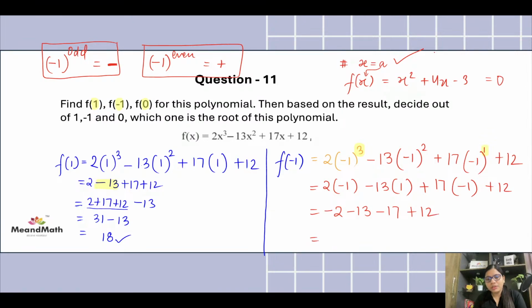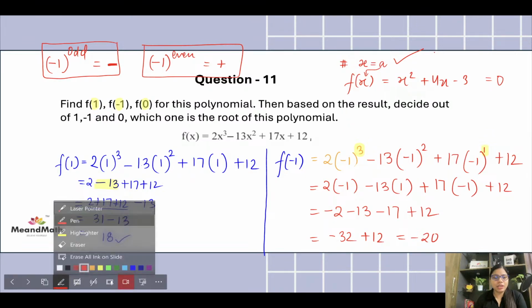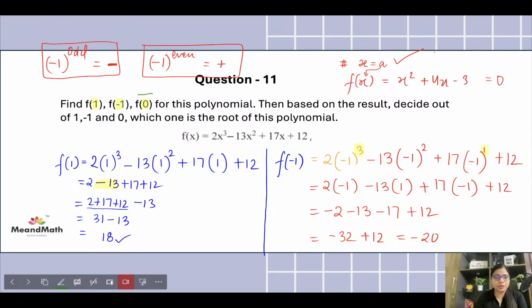Minus 13 minus 17 is, 10, 20, 30, minus 30 minus 2 plus 12 gives us minus 20. Okay, minus 20, Nawal and Janvi both are correct. Very well done. Now the last value we have to find is F0.